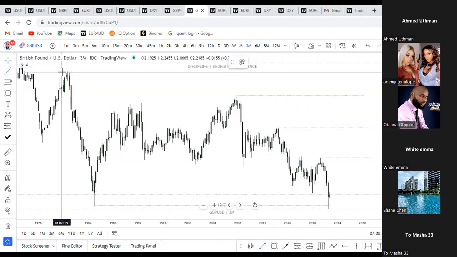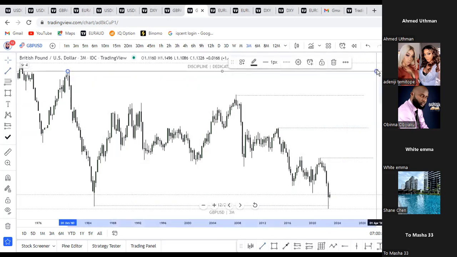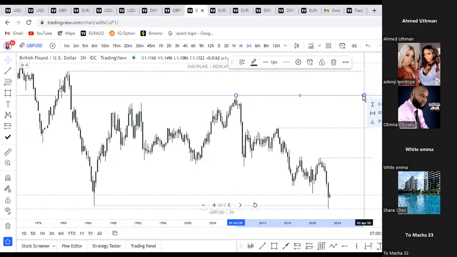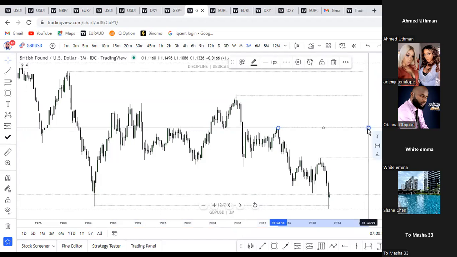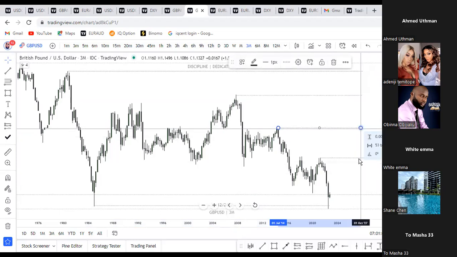All these are external range liquidity, resting above your dealing range. So all of these are external range liquidity.